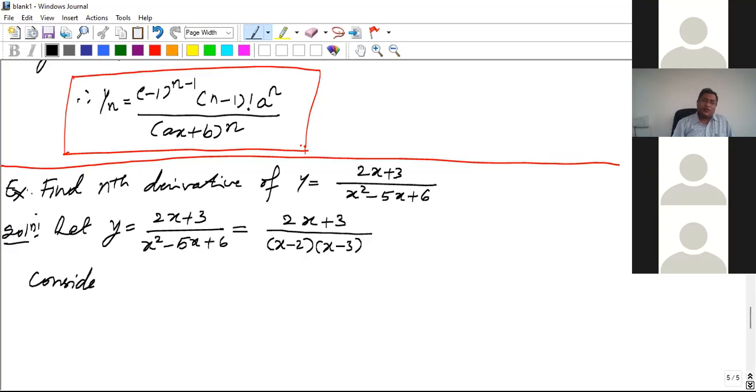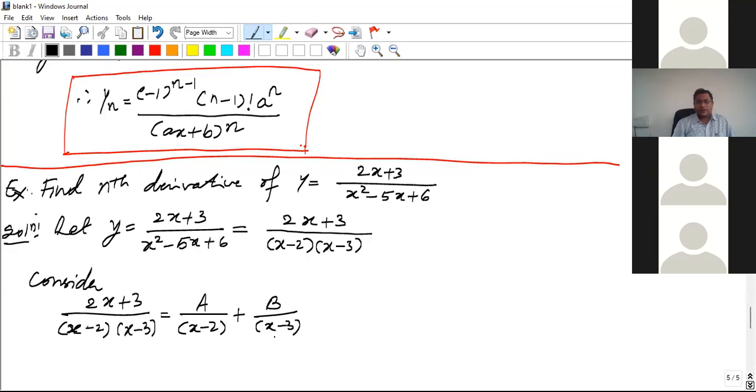For the partial fractions, what you have to do is consider (2x plus 3) upon (x minus 2)(x minus 3). We can write this as a upon x minus 2 plus b upon x minus 3.